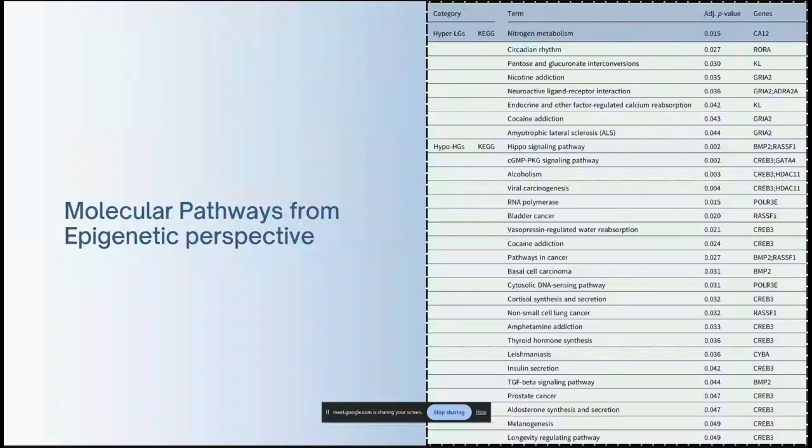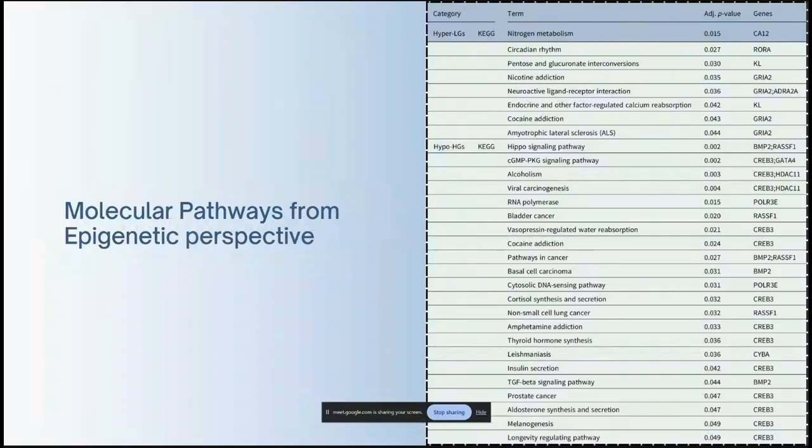For hypermethylated low expression genes, that means this side, these genes were enriched in pathways such as nitrogen metabolism, circadian rhythm, pentose and glucuronate interconversions, nicotine addiction, etc. Nitrogen metabolism may reflect altered metabolic processes in the brain, which is important because metabolic imbalance is a known feature of neurodegeneration.